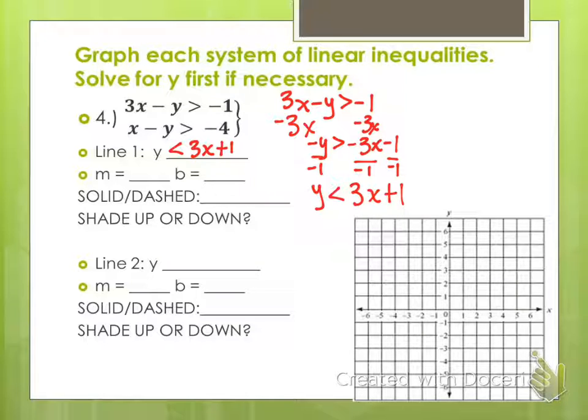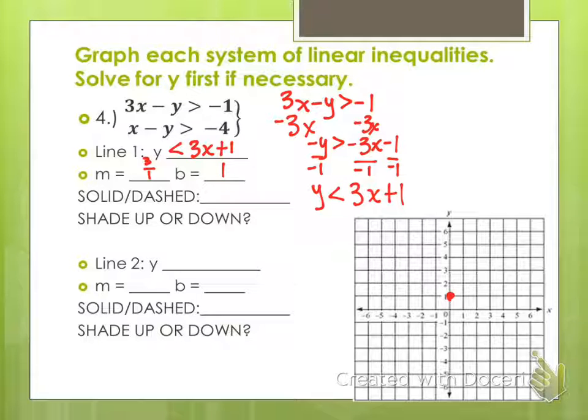I need to know my m and b. Tariana? Very good. 3/1 is my slope. Positive 1 is my y-intercept. So I start my graph at positive 1 on the y-axis.